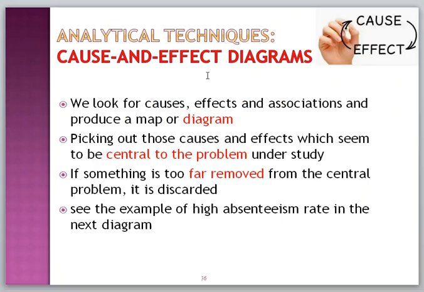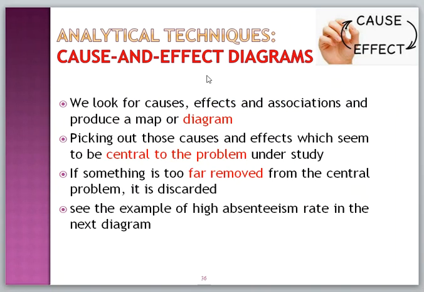The last tool we have in this chapter is about the cause and effect diagram. It's whenever you have a problem that has causes for some symptoms, and these causes have other causes, and these causes have other ones, and you need to go to the deep root of the problem, right?